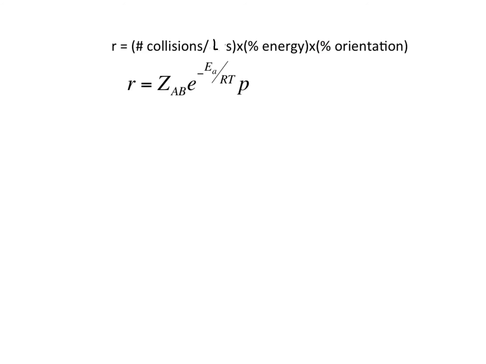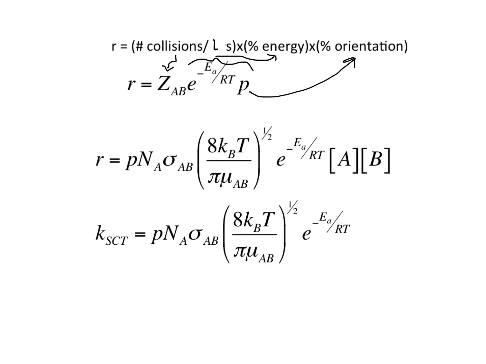The collision density is Z_AB. The percentage with enough energy to react is equal to e to the minus E_a over RT, and we will use P as the percentage that have the right orientation to react. Substituting in for our collision density, we end up with the following equation for the rate of reaction.